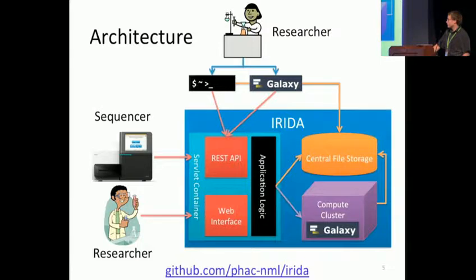So the overall architecture of this IRIDA project, the main component of it right here, is a web application written in Java, which has two main entry points: a web interface for people to interact with, as well as a REST-like API.